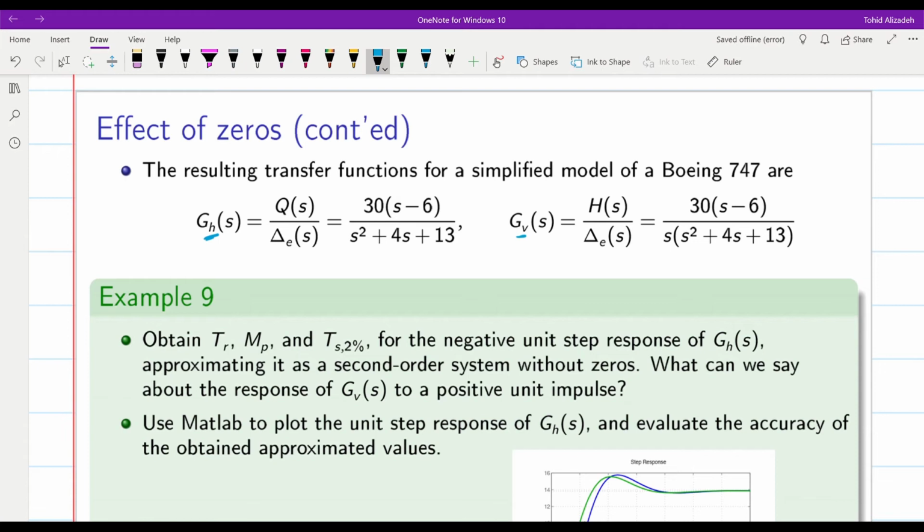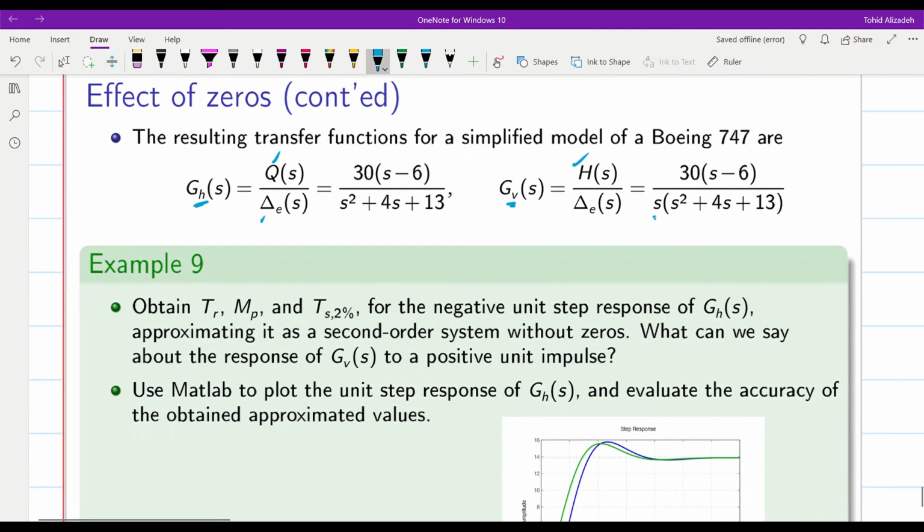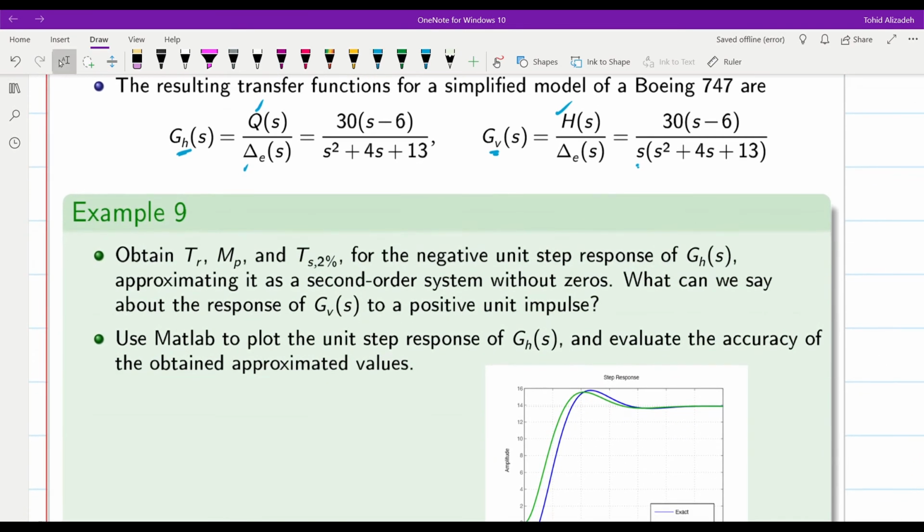And then we have gv, the next transfer function, which is h over delta E, equal to 30 times s minus 6 over s times s squared plus 4s plus 13. So we have two transfer functions, one for the pitch rate and one for the altitude, considering delta E, the angle coming from the elevators, as the input. Now we want to obtain rise time, overshoot, and 2% settling time for the negative unity step response of gh.